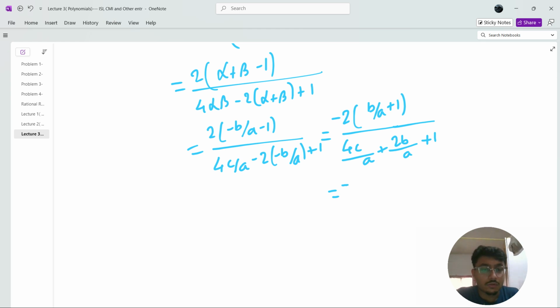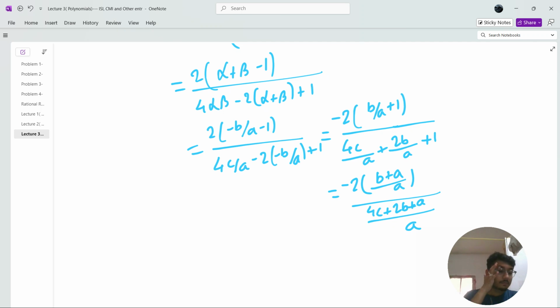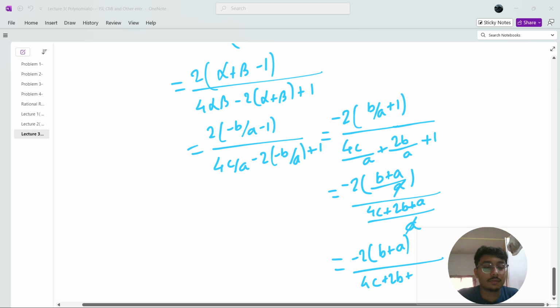How? So minus 2 into b by a plus 1. So that is a plus b by a. I'm adding them. So here also I can add them over a. So I am left with 4c plus 2b plus a. So this a and this a will get cancelled when I flip the fraction. So minus 2 into b plus a by 4c plus 2b plus a.